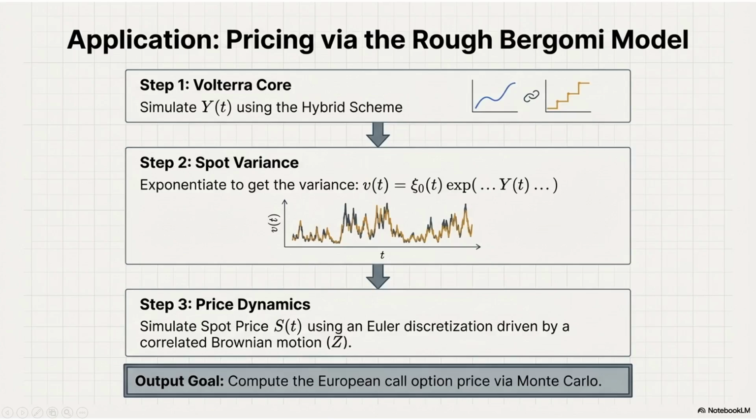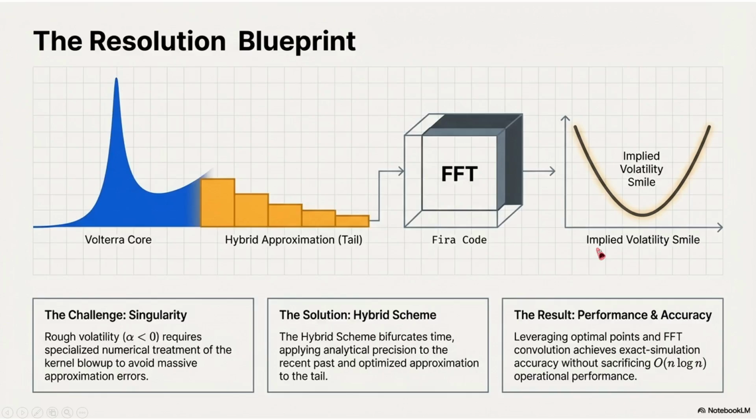And let's just see a conclusion. To conclude, rough volatility, where alpha is less than 0, introduces an extreme mathematical singularity that causes massive approximation errors in standard simulation. So the solution: we use the hybrid scheme, which divides it into two zones.